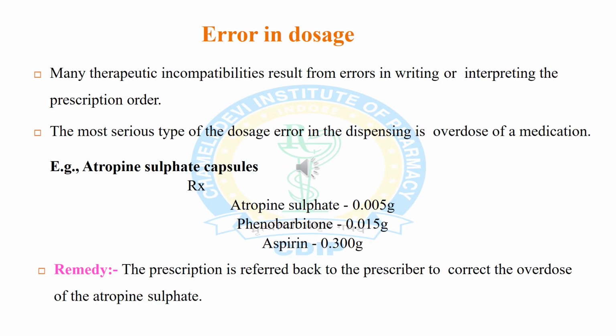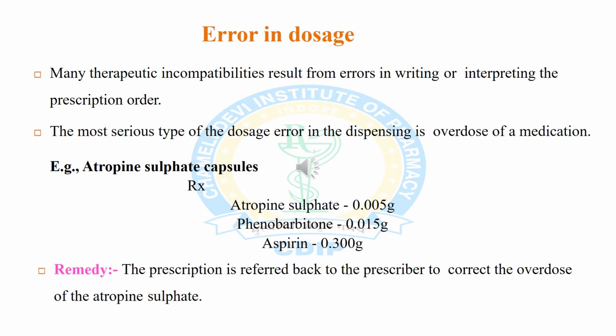Now the first reason behind therapeutic incompatibility is error in doses. Error in doses means error in the strength or quantity of the drug, either overdose or underdose. Many therapeutic incompatibilities result from error in writing or interpreting the prescription order.